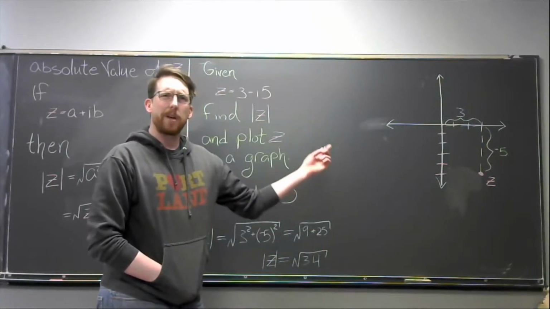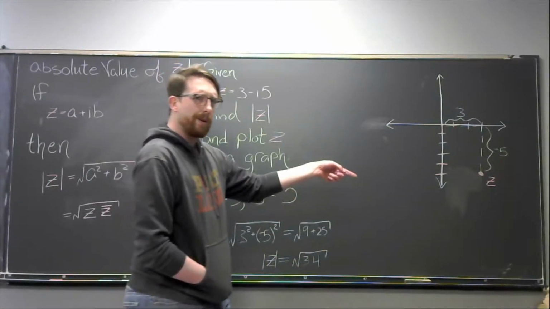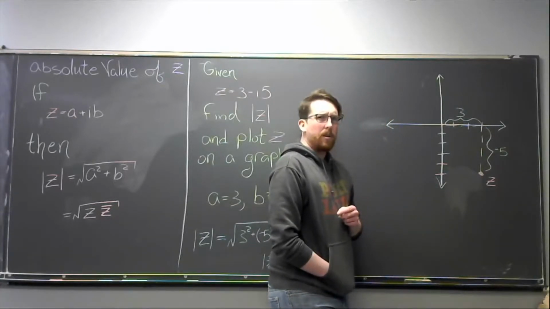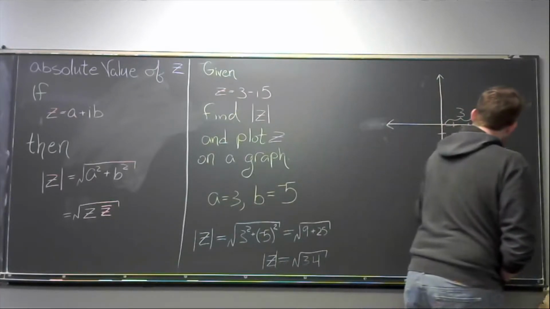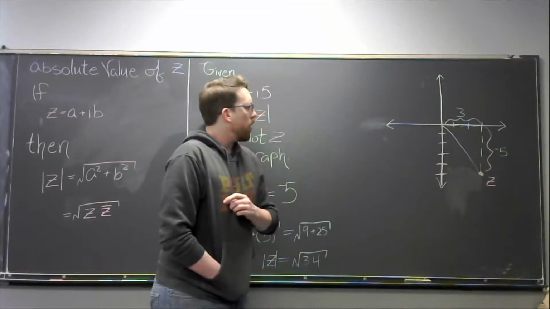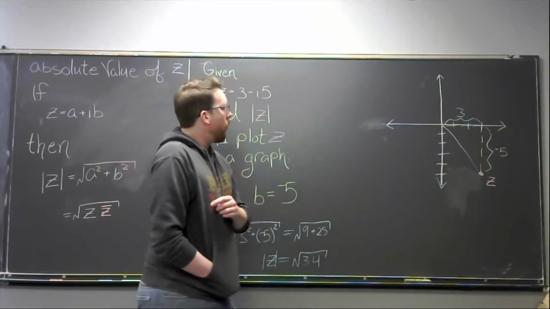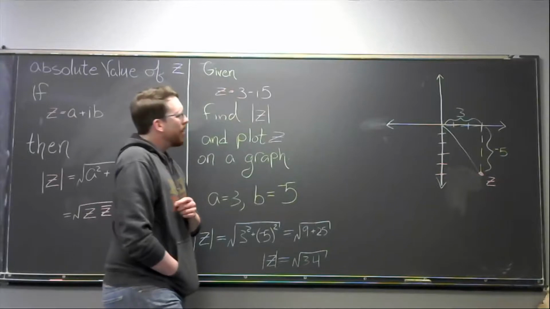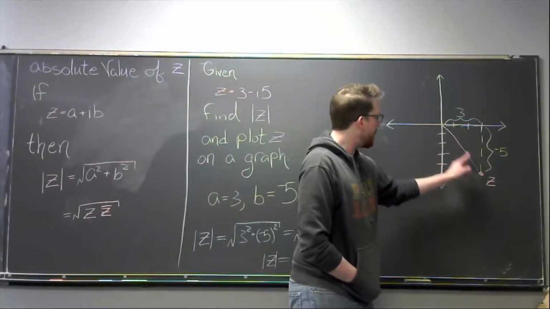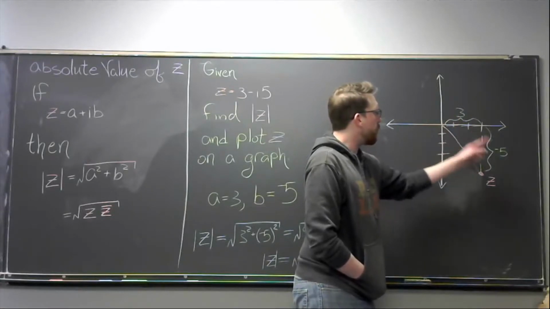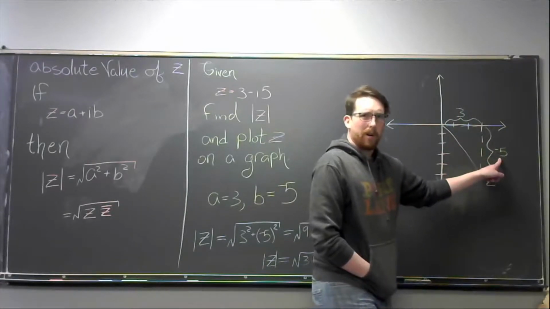Now it looks like I have two sides of a right angle triangle, doesn't it? If I were to draw this line in right here, we'd form a triangle. If that's the case, then the length of this line is going to be the square root of 3 squared plus 5 squared.